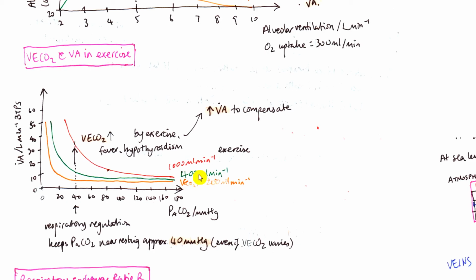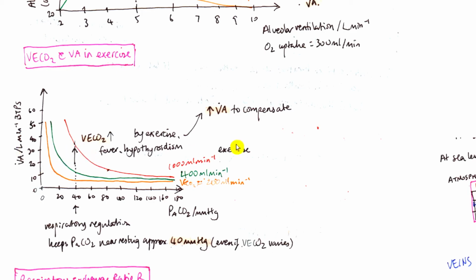So we can see this inverse relationship, first of all, between partial pressure of carbon dioxide and alveolar ventilation. And the respiratory system tries to regulate the PaCO2 to keep at around 40 millimeters of mercury. So if we exercise and VeCO2 increases, then it will increase our alveolar ventilation to compensate for this.